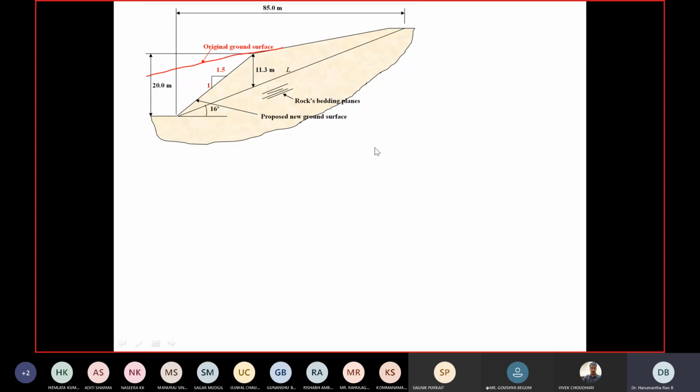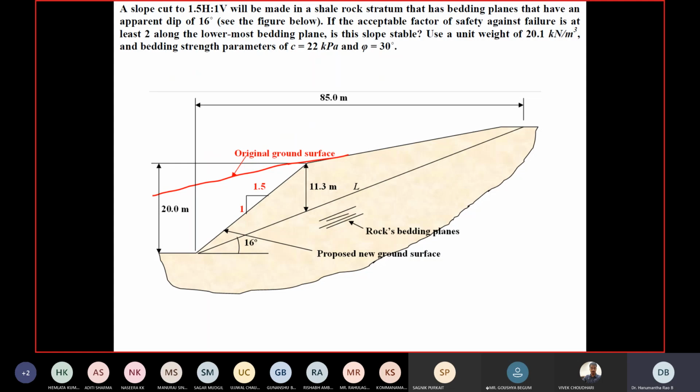So again, I can separately consider the triangle of base into height. Height is 11.3 meter and base length is, somebody has told me, around 82 meter plus. So I can calculate the area, and the density of the rock is known, that is approximately 20.1.